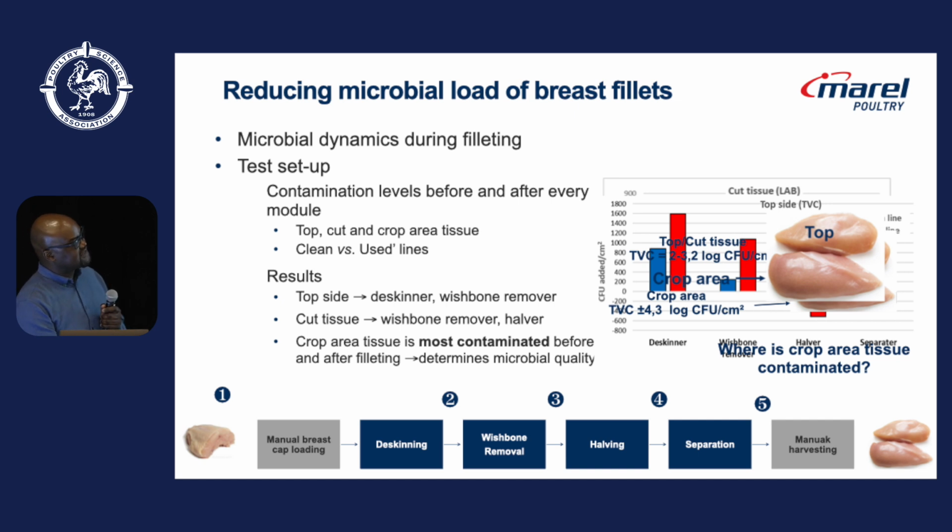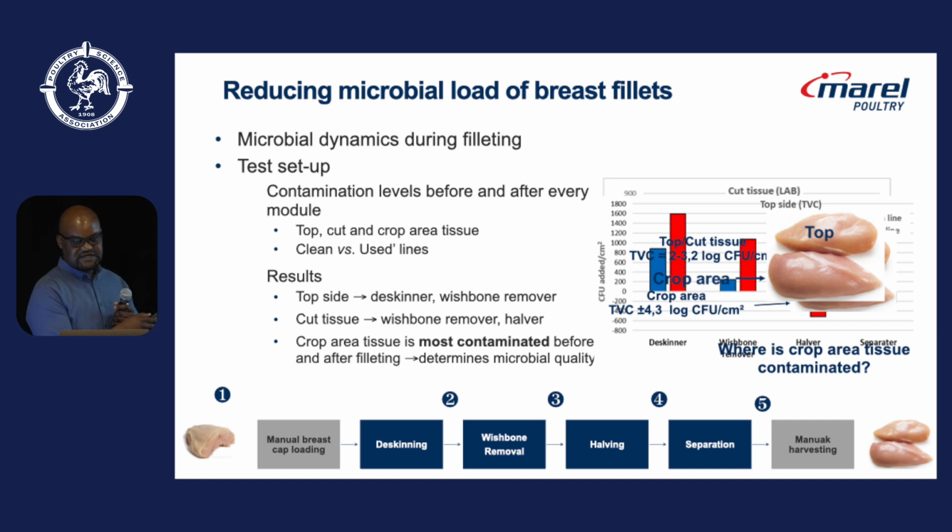You can also see clearly that on a used line, so after, let's say, about 2 hours of use, when the line is more contaminated, you have more bacteria being added to the top sides of the fillets. This already gave us the idea that if you would more frequently clean these 2 modules, the de-skinner and the wishbone remover, you could already address part of the problem regarding the contamination of the top side of the fillets.